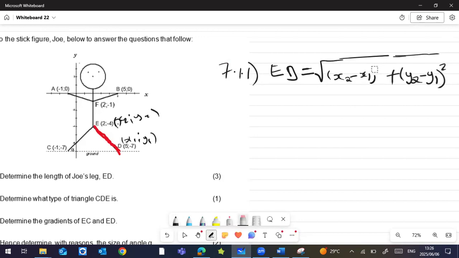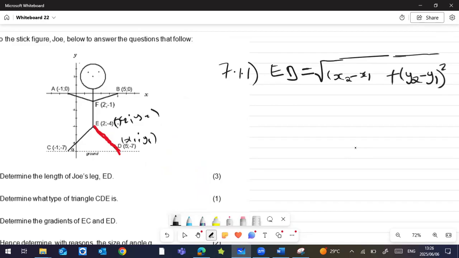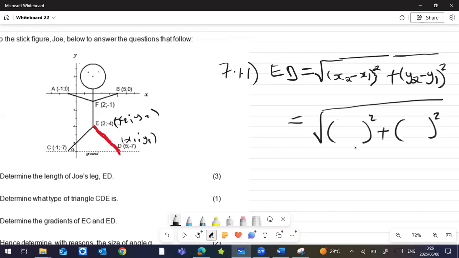Let me just correct this square here so that we can all see the square. x2 minus x1 squared. Therefore, ED equals to, then all I'm going to do now is to substitute. What is my x2 according to the choice there? It is 2. And then what is my x1? It is 5. So 2 minus 5.